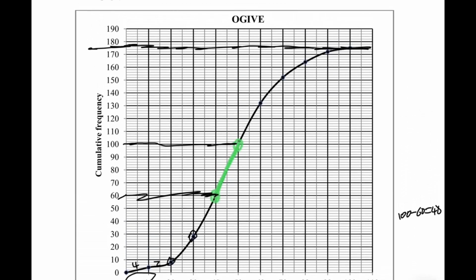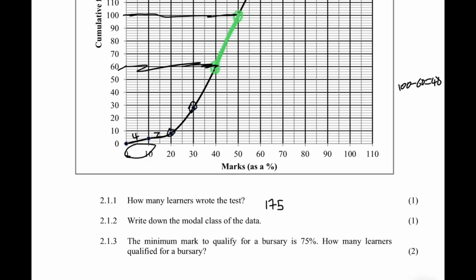And then I think the next largest is 50 to 60, which is about 30 people. But we're looking for the modal class, the class with the highest frequency, right? Clearly it is 40 to 50. And even if you write it like 40 and you include 40 and exclude 50, it's still fine.